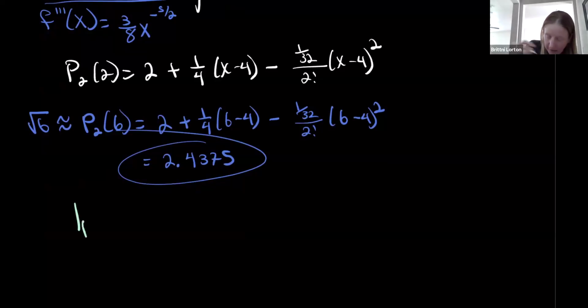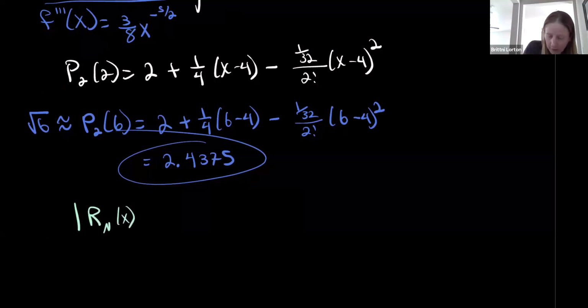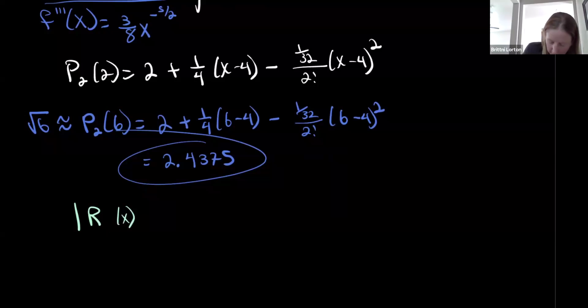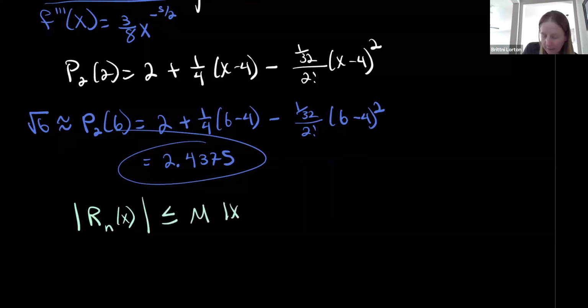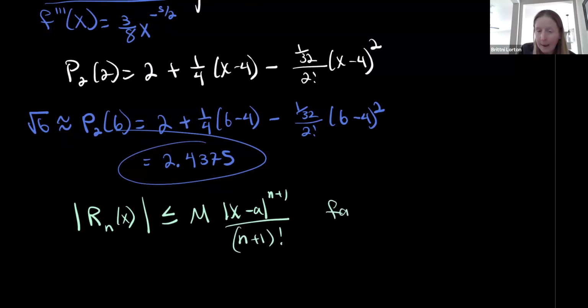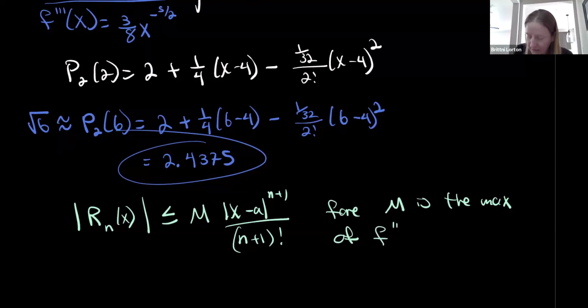Taylor's theorem, if you were to go back to the page before, says that the remainder, and I think it does use a lowercase n, so I'll be consistent, is going to be less than or equal to M times |x minus a| to the n plus 1 over (n plus 1) factorial, where M is the maximum value of that next derivative, which in this case is the third derivative, only on the interval between 4 and 6.